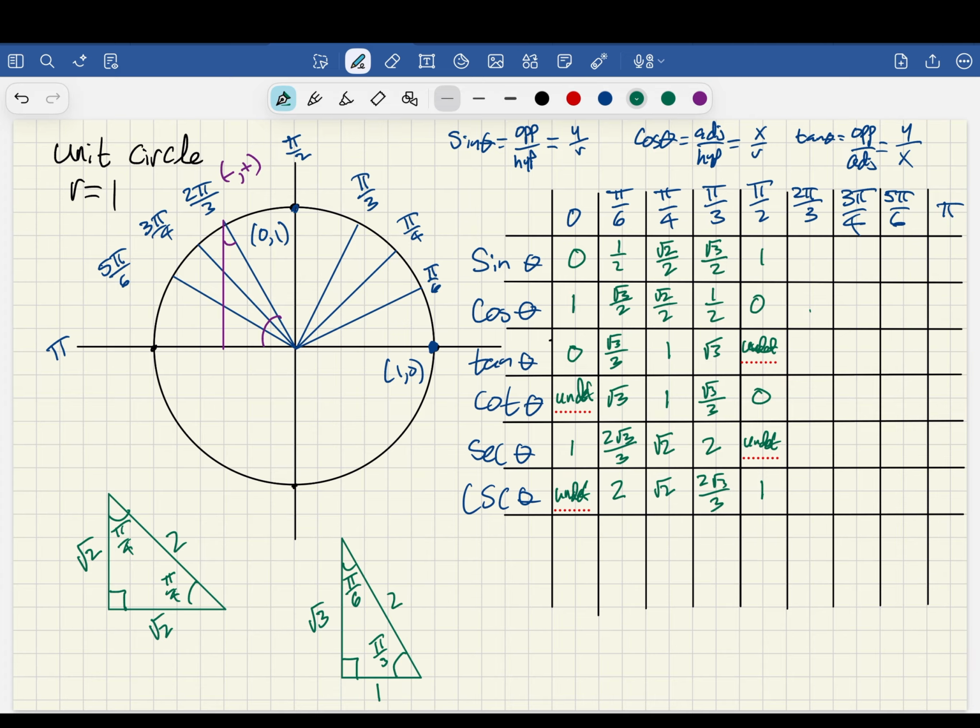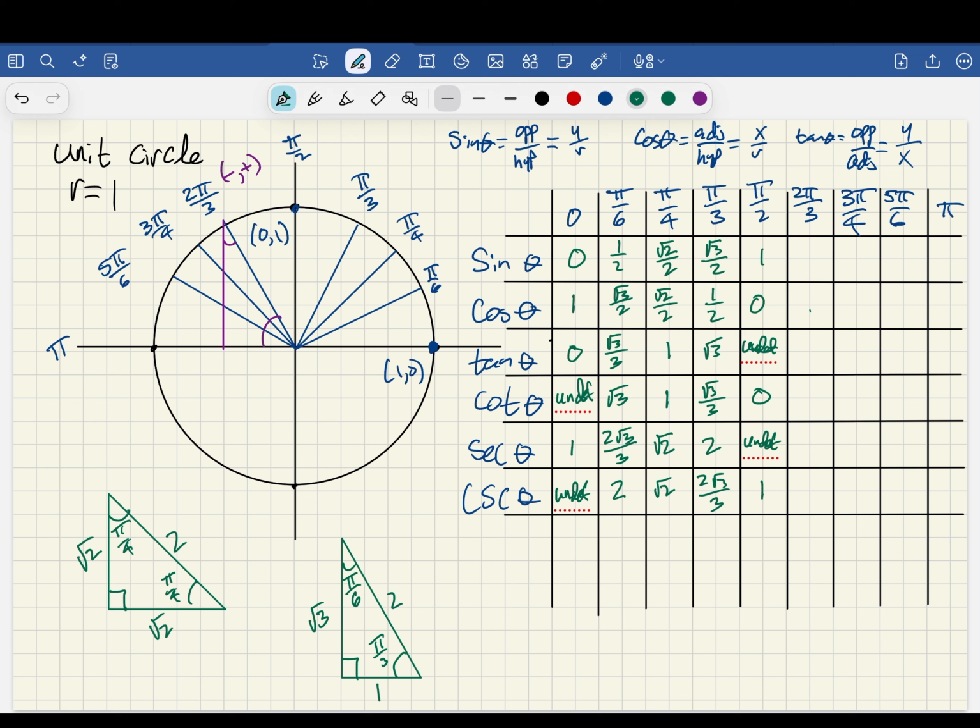So for the sine of 2 pi over 3, we think about our reference angle, which would be pi over 3. That's the acute angle that the terminal side makes with the x-axis. So we'll use our special triangle with the angle pi over 3 and determine what these trig function ratios will be.